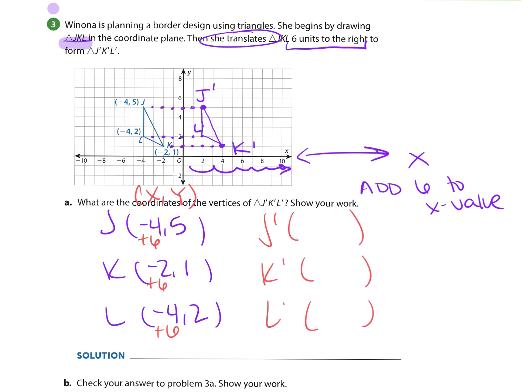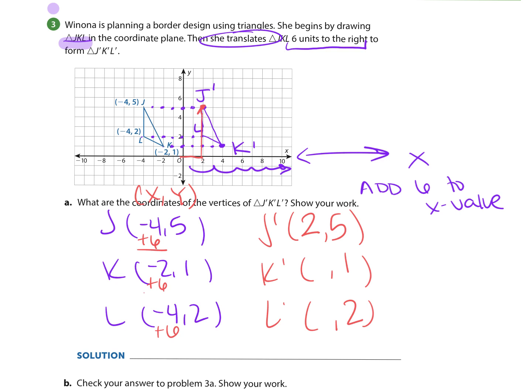You can do this mathematically, or you can just look where it is. So J is here. This is at 2, 5. And none of the y values are changing. So you can actually just write all those in because we're not moving up or down. We're only moving to the right. So it's now at 2. If I start at -4 and I move 6 to the right, that puts me at +2.